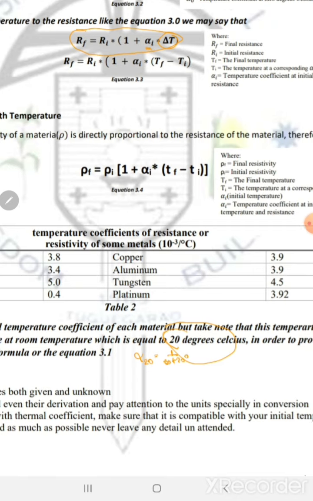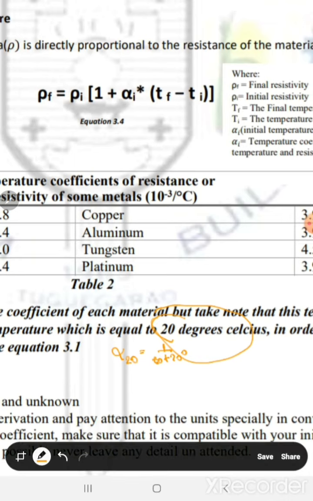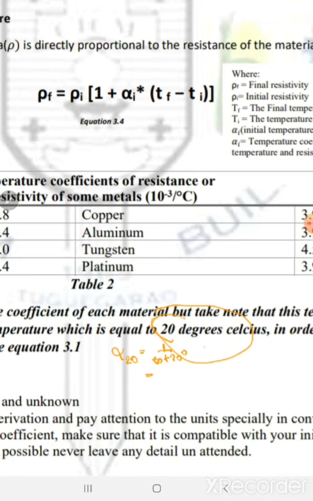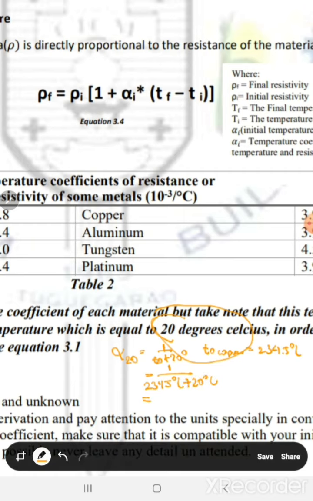So example is our copper. So our copper has TO at copper equal to 234.5 degrees Celsius. Alright? So if we have 1 divided by our TO, which is equal to 234.5 degrees Celsius plus 20 degrees, what will you solve? You have a value equal to your alpha 20 of copper.